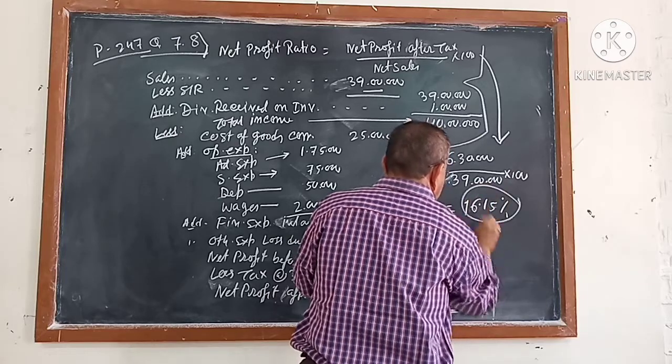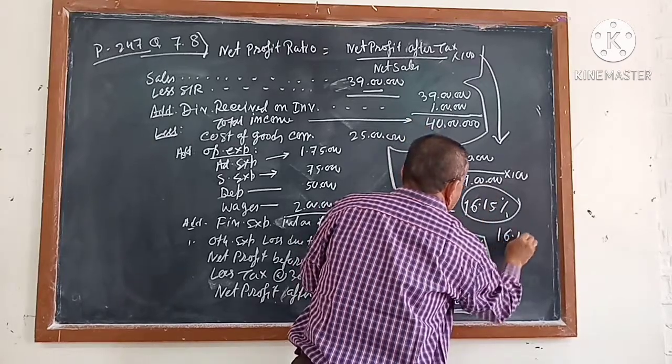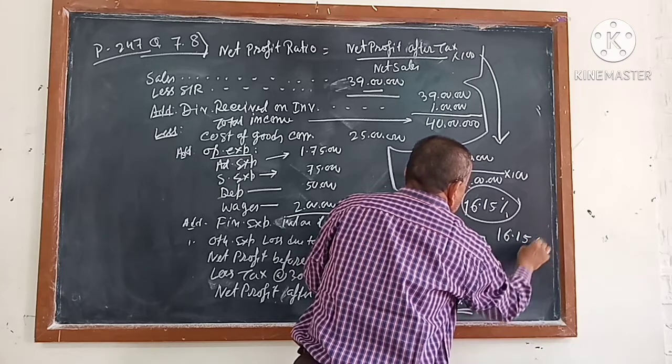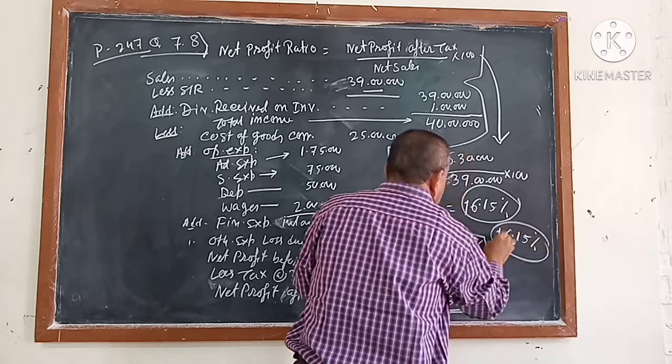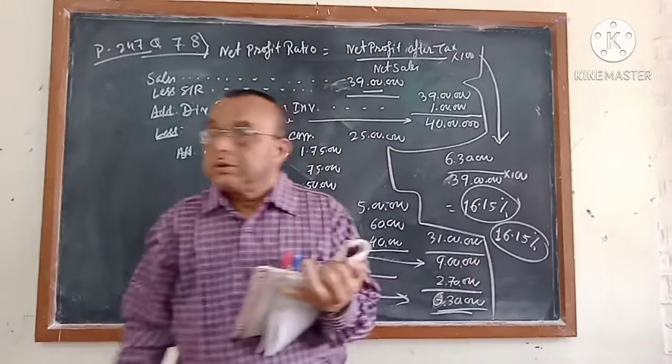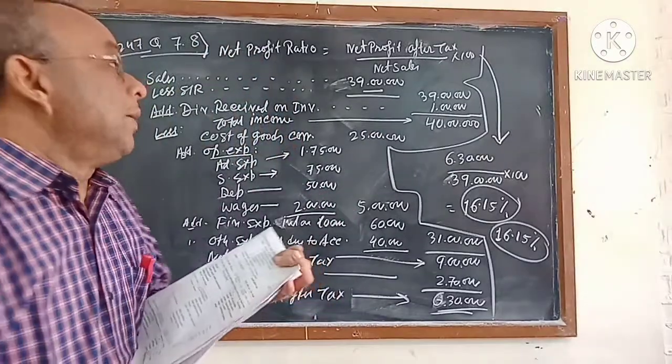This is your answer. Multiplying by 100 means the percentage answer will come.